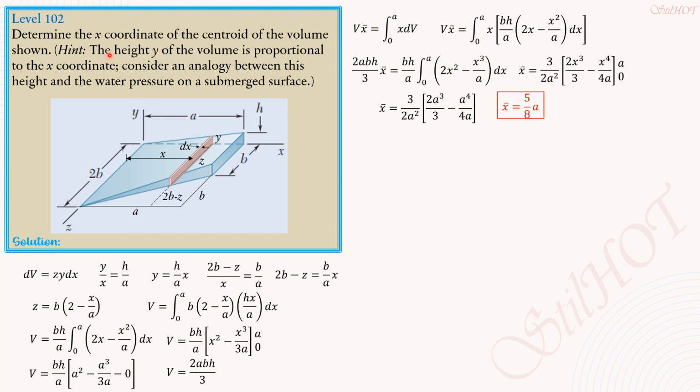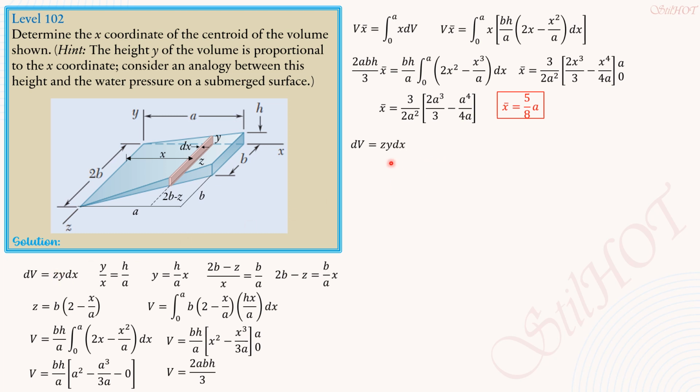Then using the hint here, the volume is the integral of the differential volume. If we denote the differential area on the xz plane, which is z dx, then volume is just equal to y times that, and we interpret z dx as the differential area.